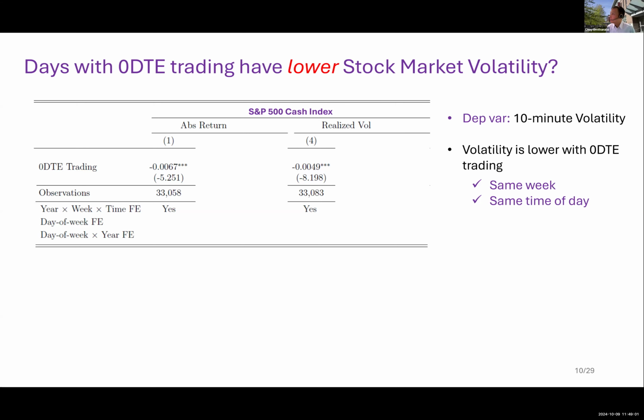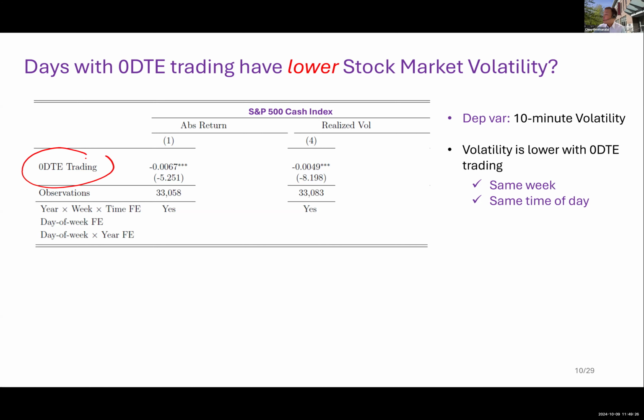Anything else? Okay. So if not, I'm going to talk about our first estimate. This is the main regression result. This is the simplest regression. This is an OLS regression with one independent variable, a dummy for whether there is 0 DTE trading that day or not, 1 or 0.